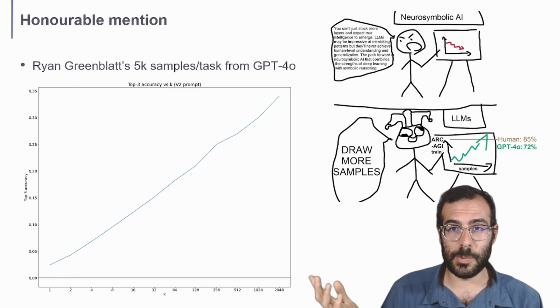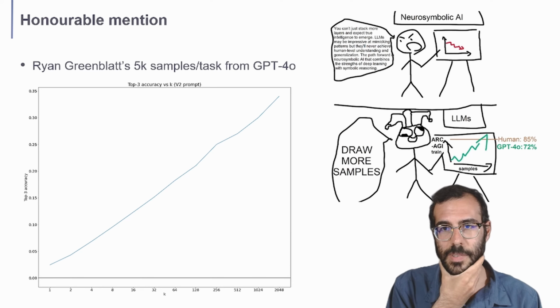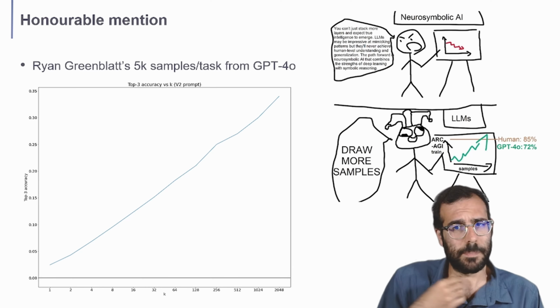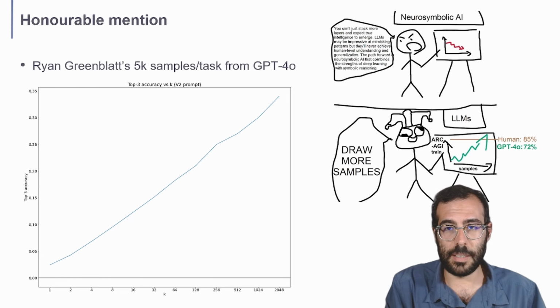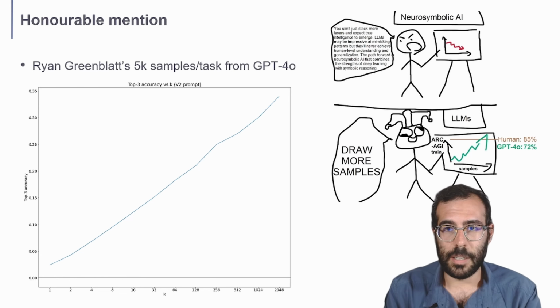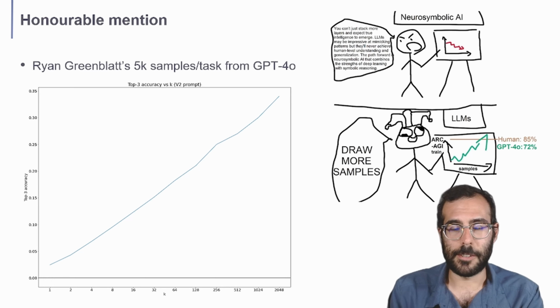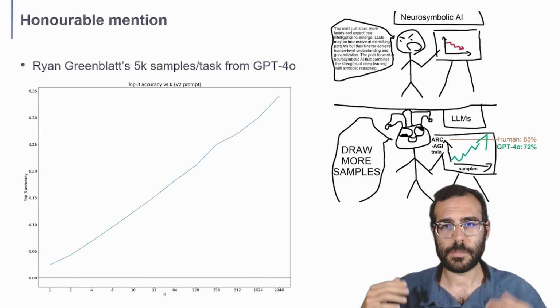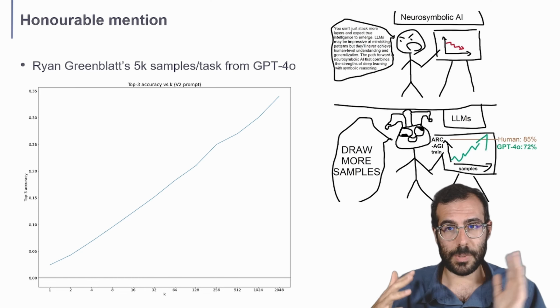The first one, as we have discussed, is that you can't really use it for the private set because, well, you don't have access to these big LLMs that can do this very well. So you don't have access to the internet, and you have constraints because of time and compute with respect to how many samples you can generate for a task. So in fact, Ryan Greenblatt's solution was not.